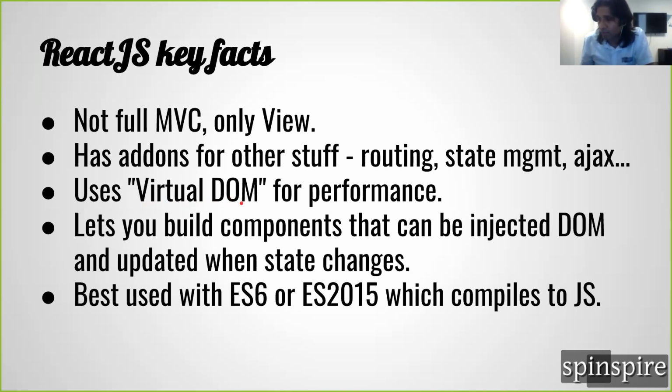Because the physical DOM doesn't get changed, the page doesn't have to render itself again. Then, only at the very end, when all the computation has been performed, they apply these deltas to the physical DOM, to the actual page that the user is looking at. That's what a virtual DOM does.